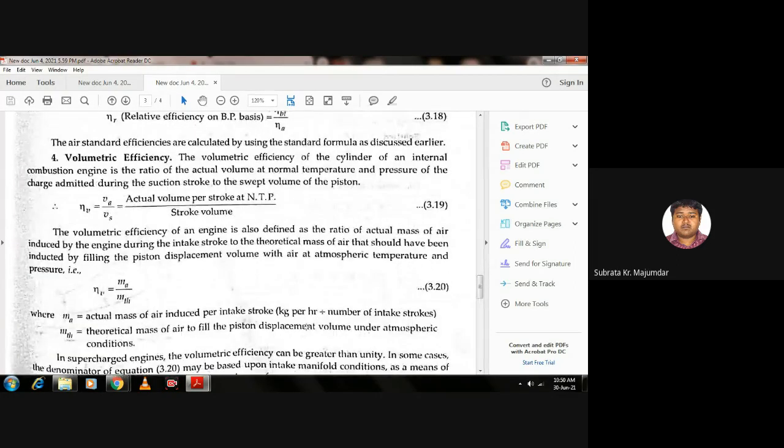So volumetric efficiency eta_V equals m_A divided by m_TH. Here m_A stands for the actual mass of air induced per intake stroke, and m_TH stands for the theoretical mass of air to fill the piston displacement volume under atmospheric conditions.